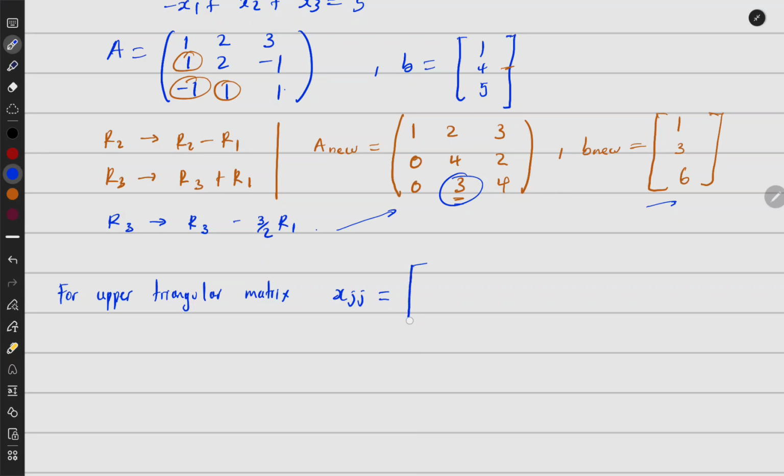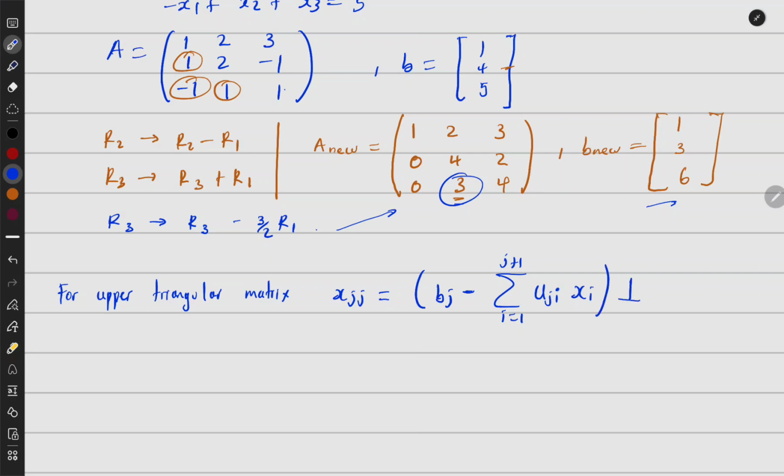Any solution is given by, I use the bj minus the summation from i equals 1 up to j plus 1, this was u, ij, the j remains the same, it is the i that keeps on changing, times xi.